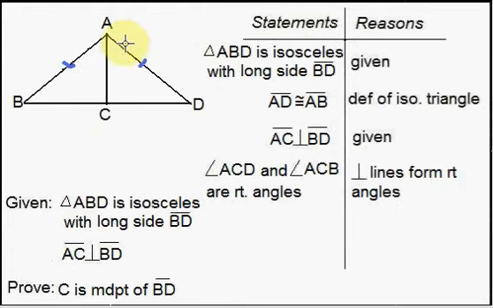Okay, now that we know that this triangle and this triangle are right triangles, we can use one of the easier postulates, hypotenuse leg, leg leg, one of those, to prove that these triangles are congruent.